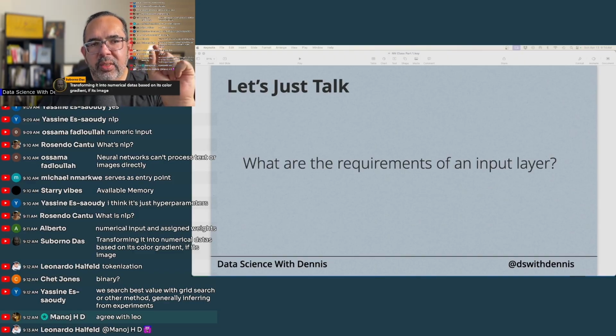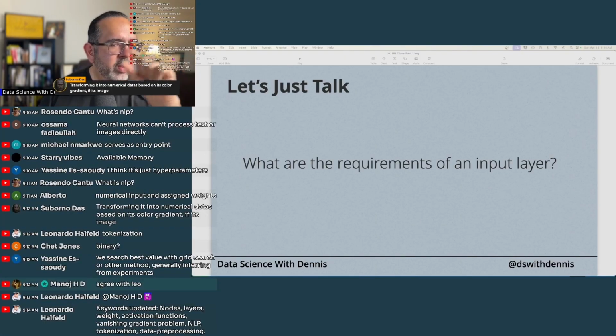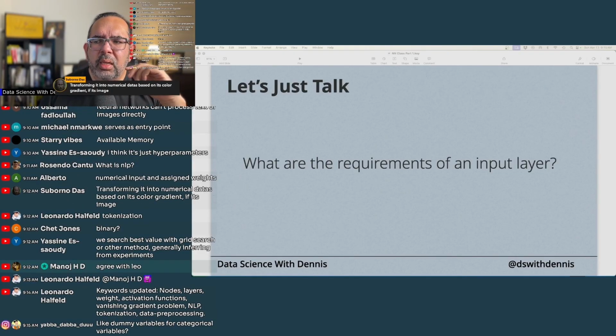Each pixel, in most cases, has an RGB value, and an RGB value is composed of 3 numbers, or sometimes 4, if it's RGBA, I think it is. But the whole point is that you have to go through that pre-processing in order to be able to use it in neural networks. Because again, you can't multiply the word dog by a numerical factor, or a numerical weight, right?